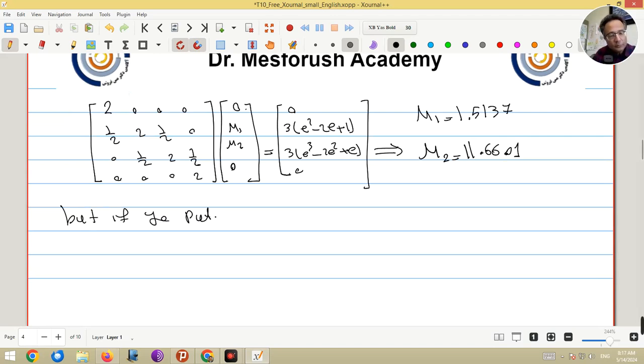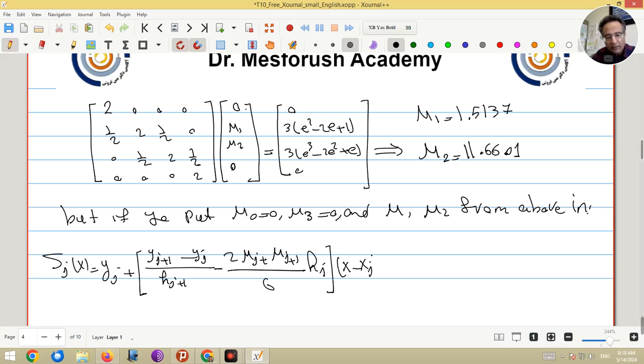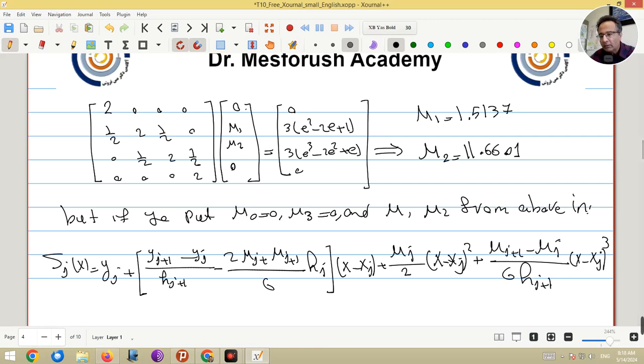If you put m0 equal to 0, m3 equal to 0, and m1, m2 from above in S_j of x equal to y_j plus ((y_{j+1} minus y_j) over h_{j+1} minus (2m_j plus m_{j+1}) over 6 times h_j) times (x minus x_j), plus m_j over 2 times (x minus x_j) squared, plus (m_{j+1} minus m_j) over (6h_{j+1}) times (x minus x_j) cubed.